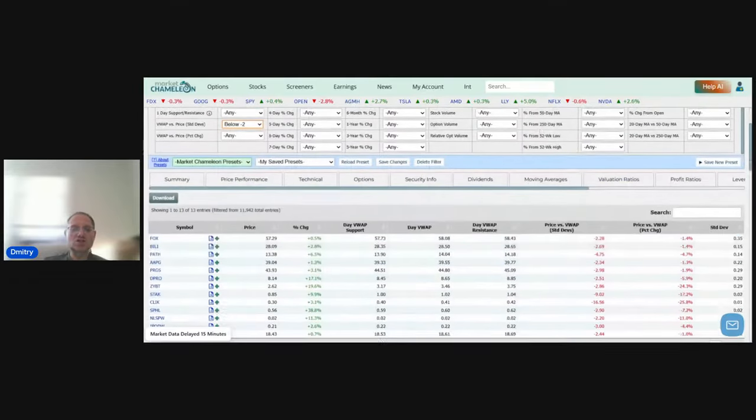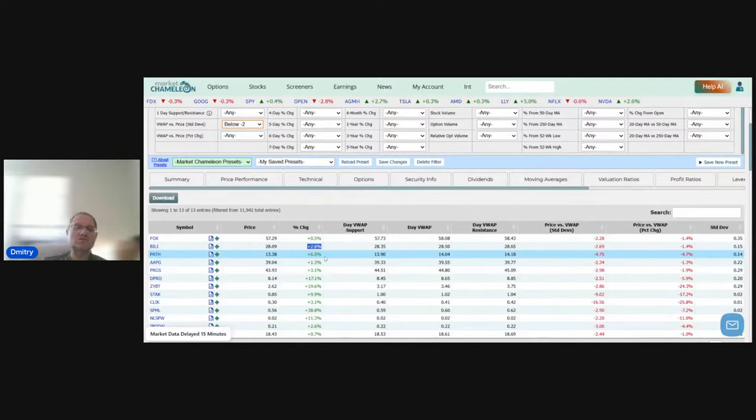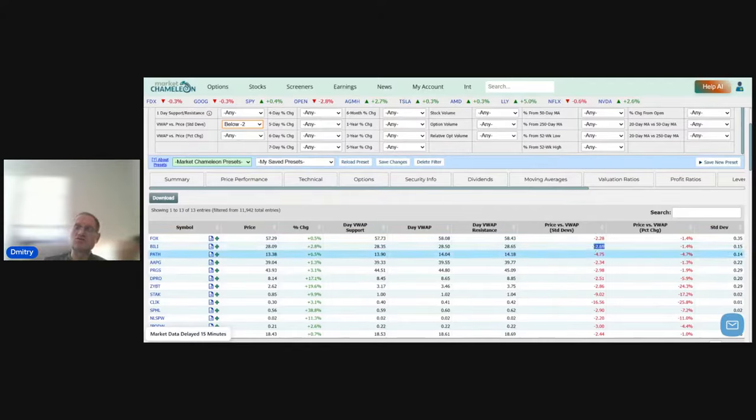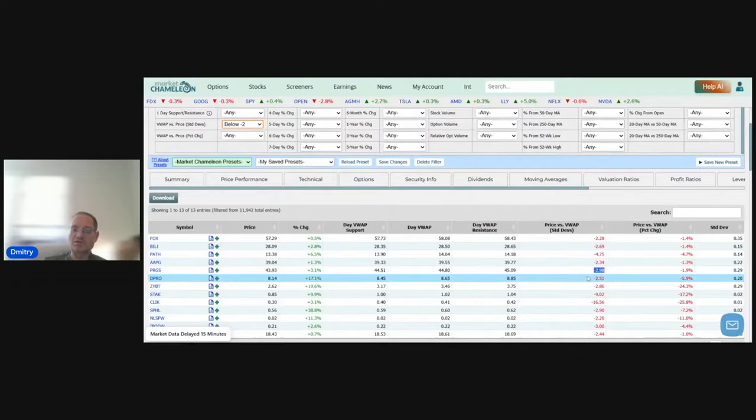So the price change has to be positive by more than half a standard deviation, but it is drifting lower from its VWAP price. And we could do the opposite if we're looking for stocks that maybe opened lower, traded a lot, and started to recover or drift higher.